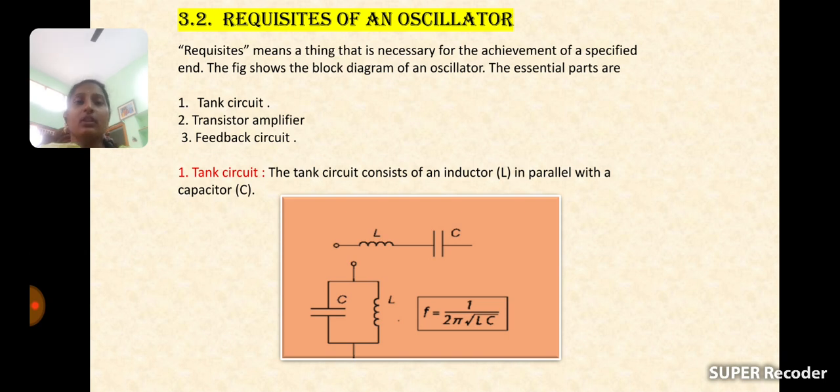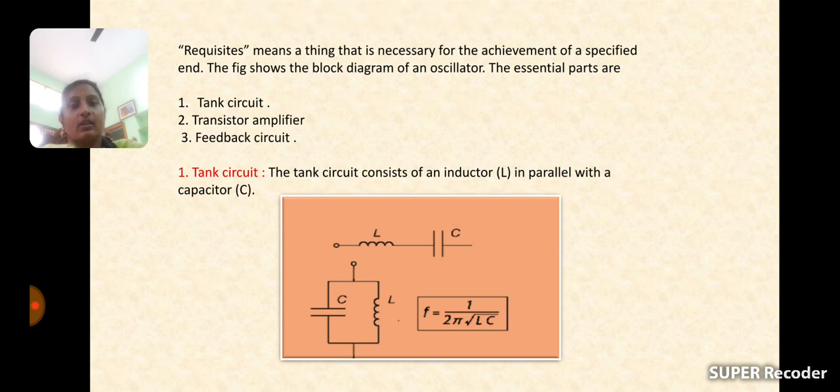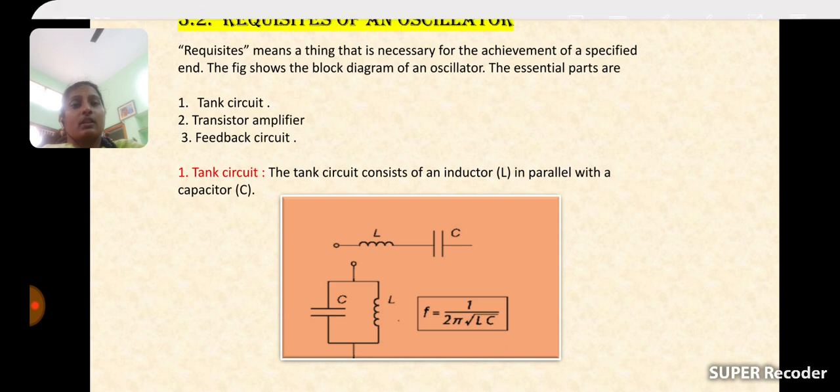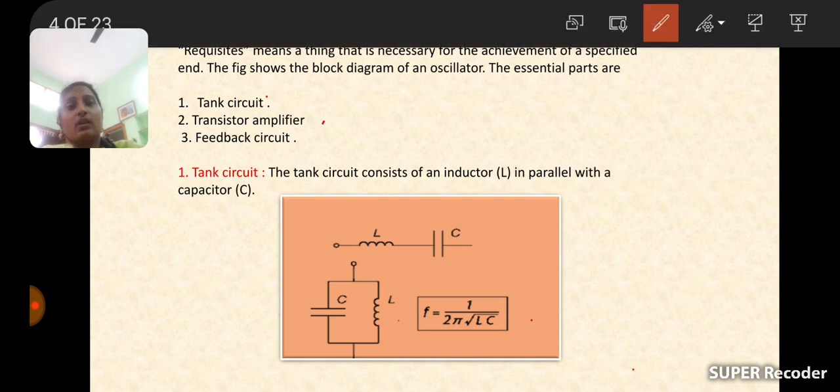While coming to the requisites of an oscillator, it requires a tank circuit to produce the oscillation, it requires an amplifier circuit, and it requires a feedback circuit.